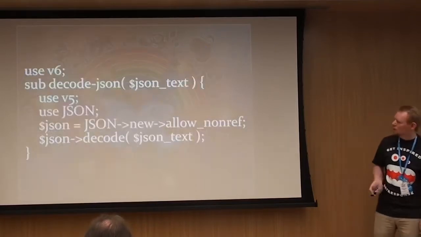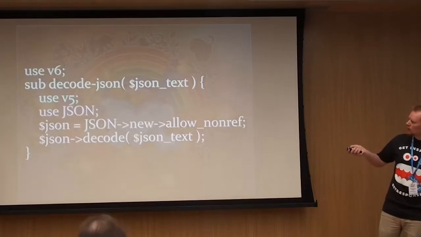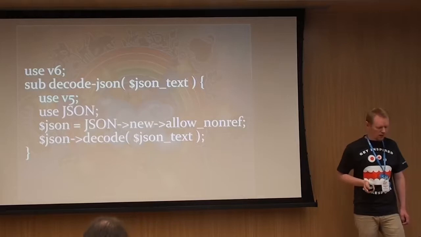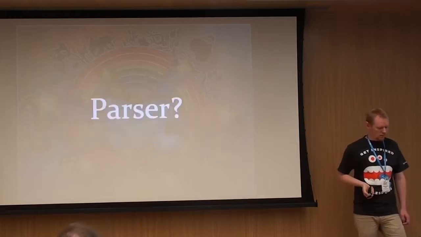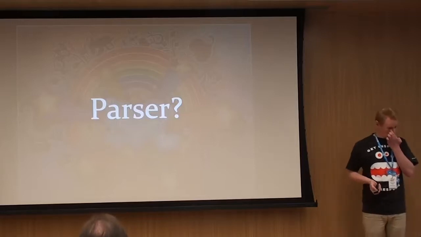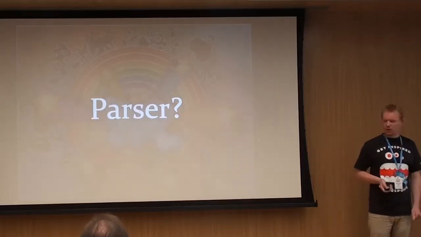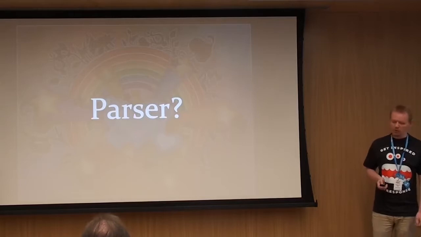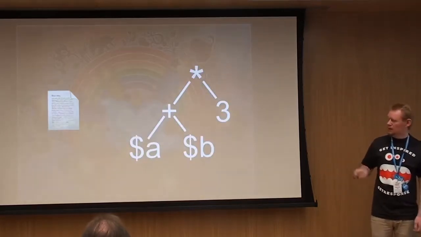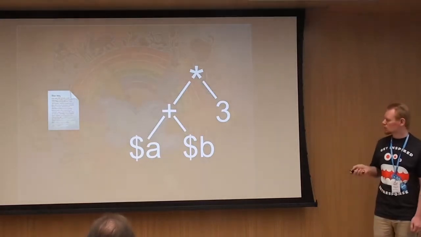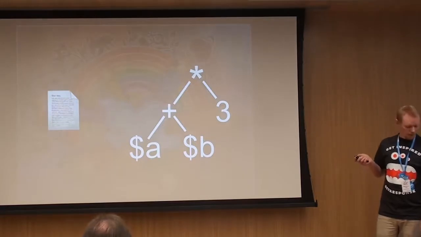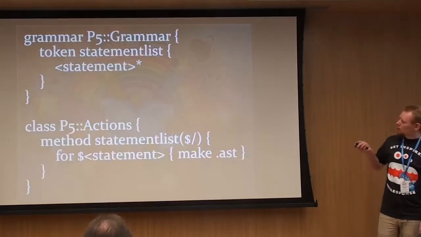So, okay, we know what language this is in what case and what it does. And now we come to an interesting bit. Perhaps not everybody knows how a parser works. It's actually pretty simple. It takes a piece of text, your source code, and turns it into a tree of operations. And this is what happens here.